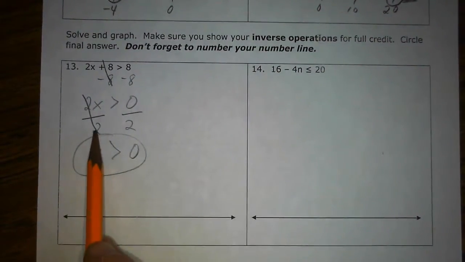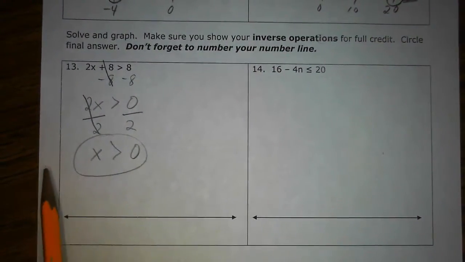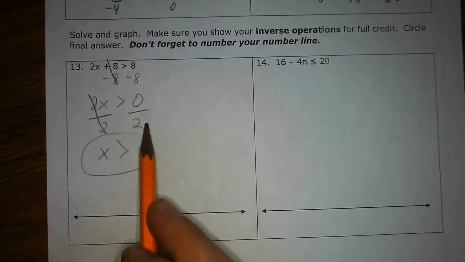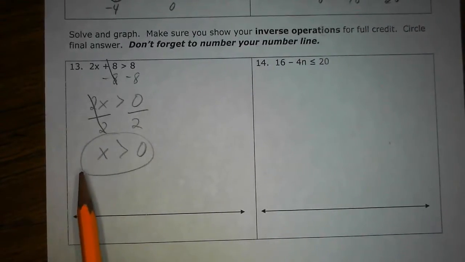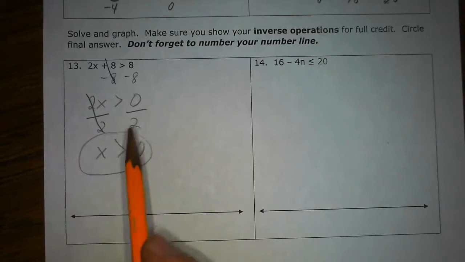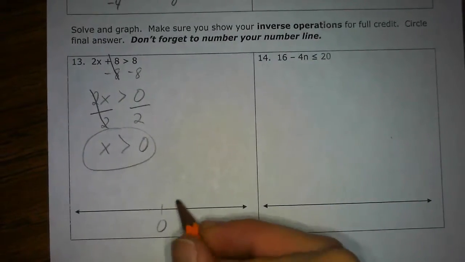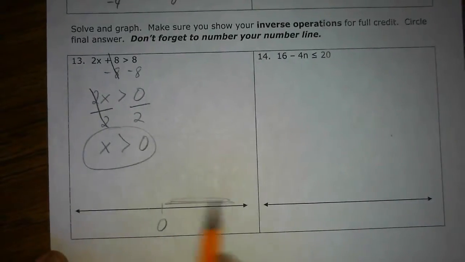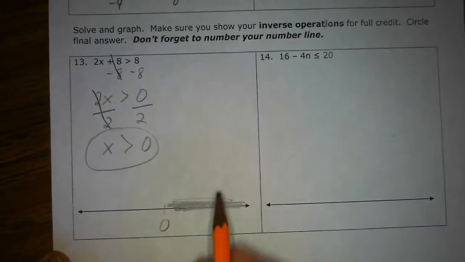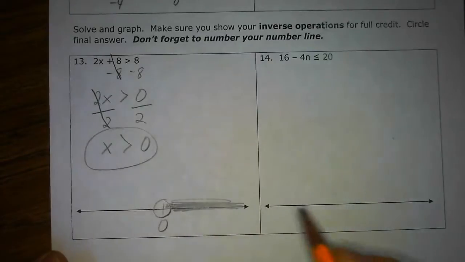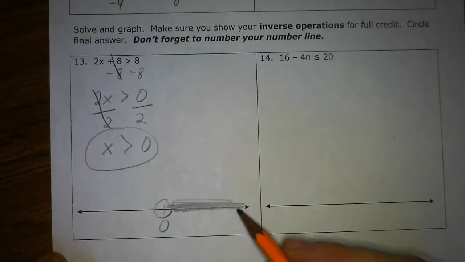Again, we're dividing by positive numbers, so we did not need to flip the symbol. If we would have divided by a negative, we would have had to flip the symbol. But since this is a positive 2, no need to flip the symbol. x is greater than 0. So, open circle at 0, shade to the right.